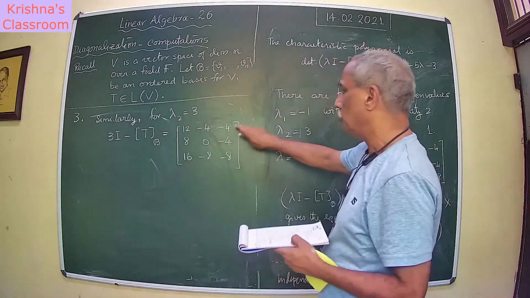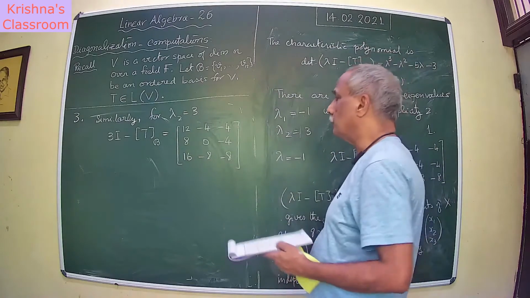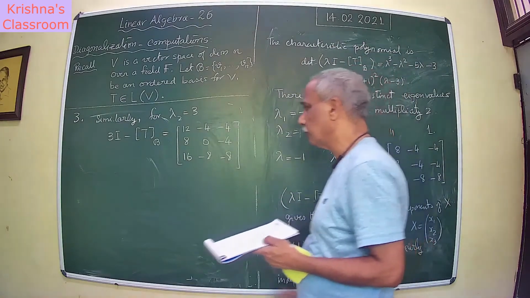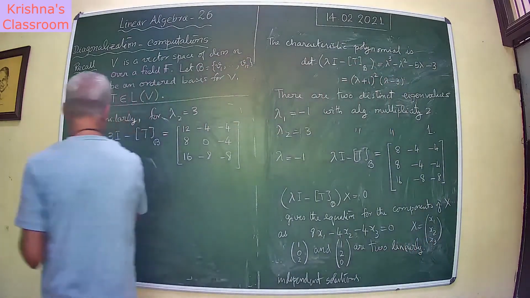So the rank of this matrix is equal to 2. Therefore the nullity is equal to 1.